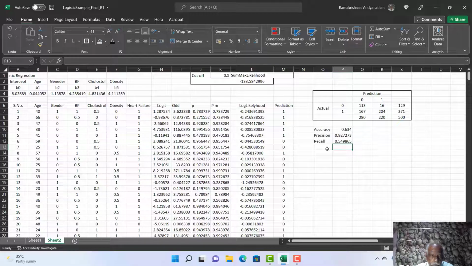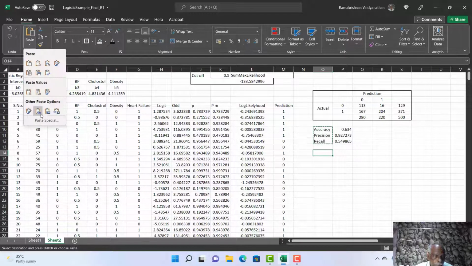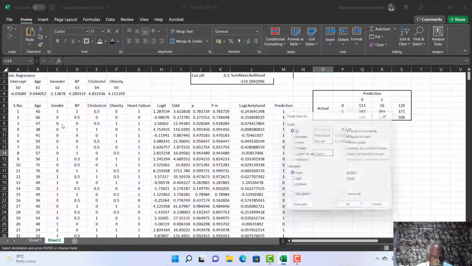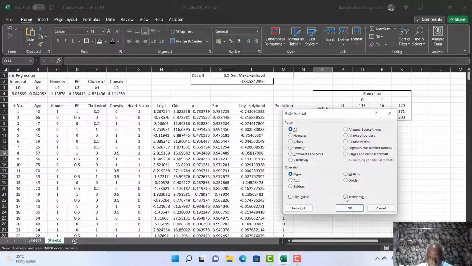So now we will calculate the accuracy, precision, recall for various cutoff values. Cutoff value 0.5, this is. If I take a different cutoff value, what will be the precision and accuracy? So I will copy accuracy, precision, with Control C, and paste it as transpose.